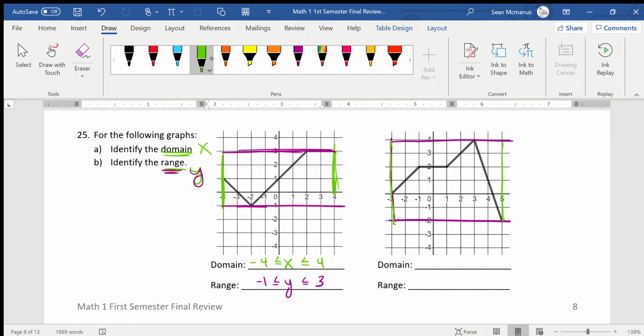And so my domain, my x, right, it was between negative 3 and positive 5. And my y is between negative 2 and it goes up to positive 4. So people get scared by this domain and range stuff, but it's pretty straightforward.